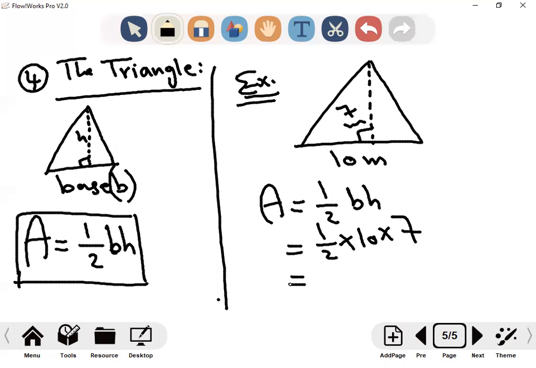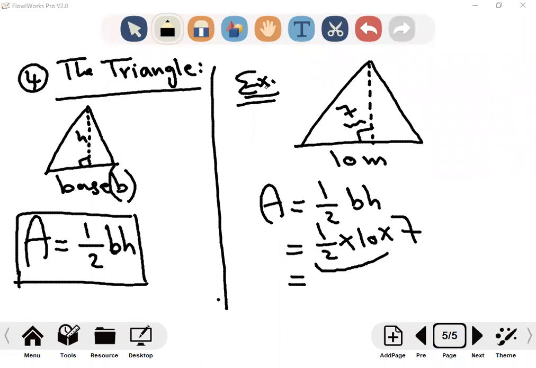How much? I don't know how to make it half.